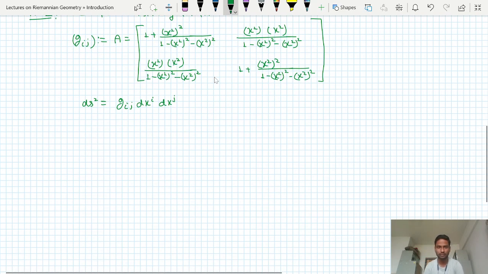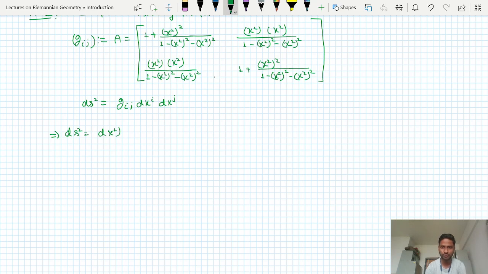So to get ds squared, since this is the two sphere, you simply take dx1, dx2, your matrix, and the column vector dx1, dx2, right? Now this is just calculation. I hope you can do it because this is simply matrix multiplication.